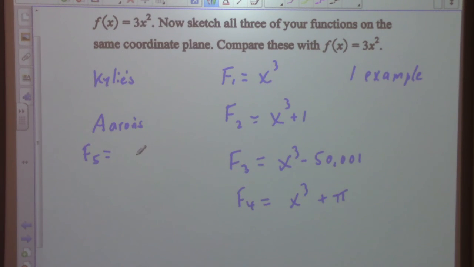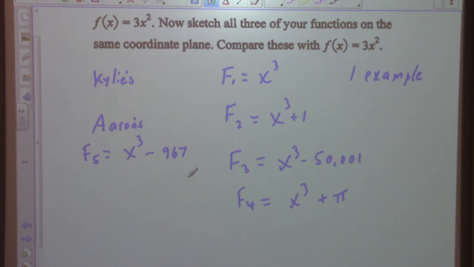X cubed, plus or minus. Minus. Now pick any number. That's difficult. I want to say 967. Okay, so that's another example, but you get the idea.